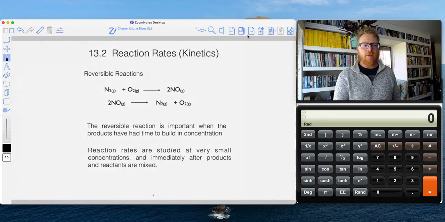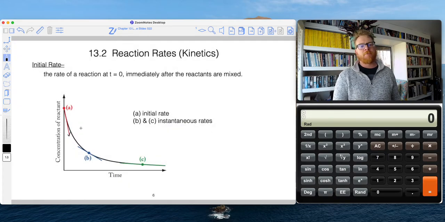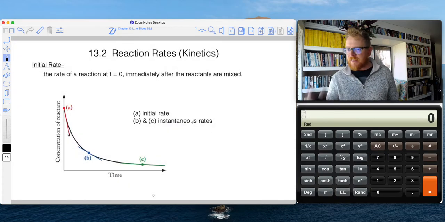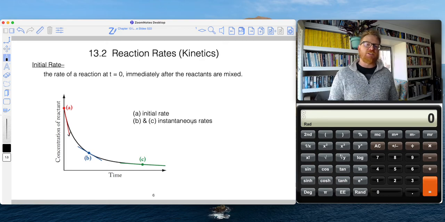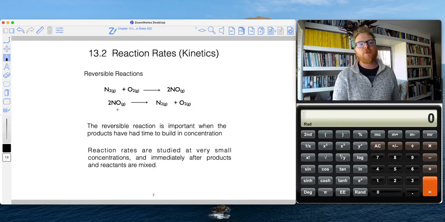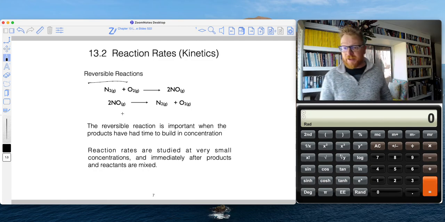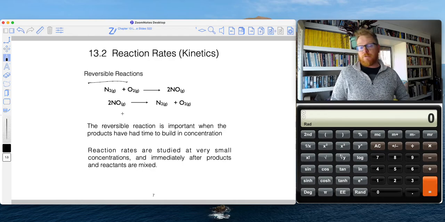Okay. And just one quick note, the initial rate is, out of all three of those, the initial rate, instantaneous rate, and the average rate, the initial rate is used the most out of all those three, if there's any one of them that is going to be used. And the reason for that is because of these reversible reactions. So if we do have an equilibrium reaction, which you are all very familiar with now, we know that there's a reverse reaction.